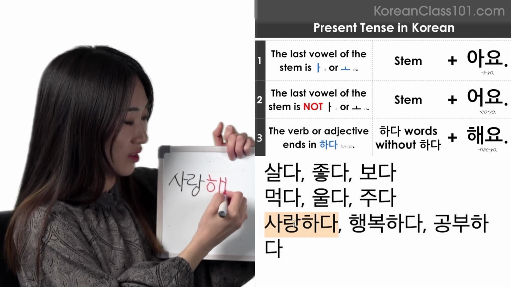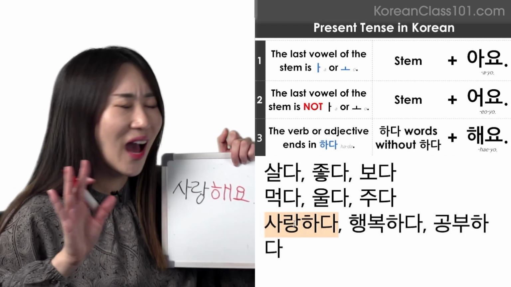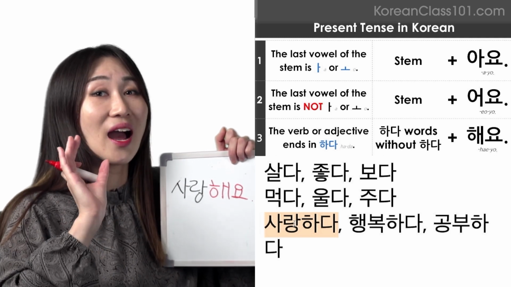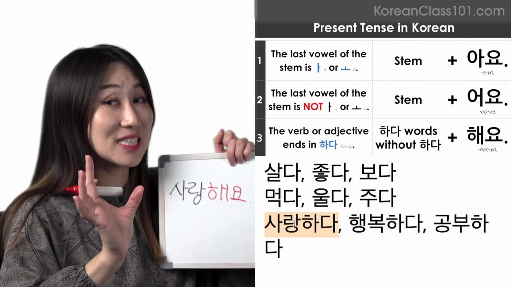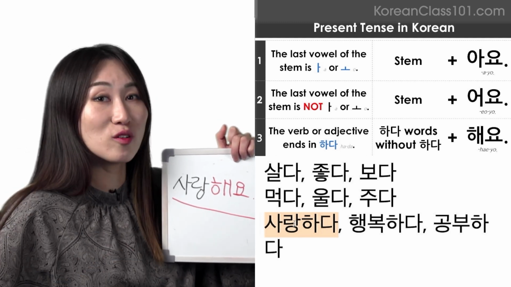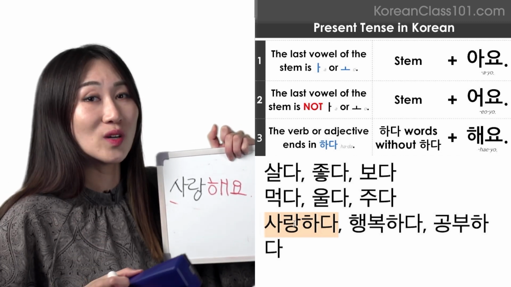That's it. You don't need to think about whether it ends with or includes 아 or 오, it doesn't matter. If it ends with 하다, replace it with 해요. That's it. 사랑해요 means I love, you love, they love, we love.